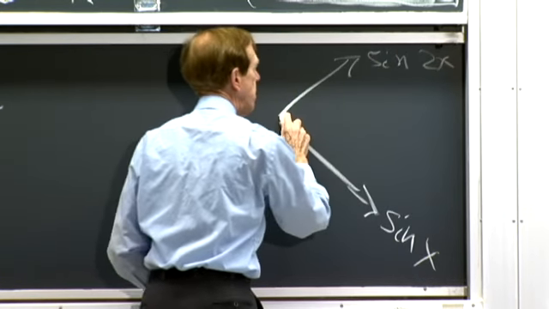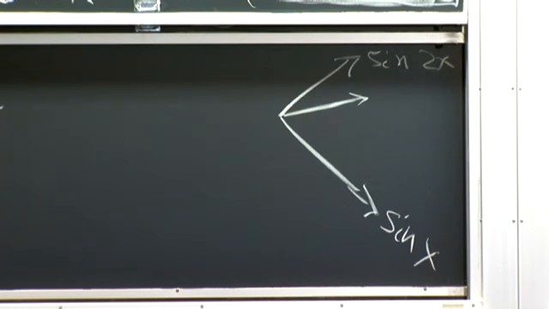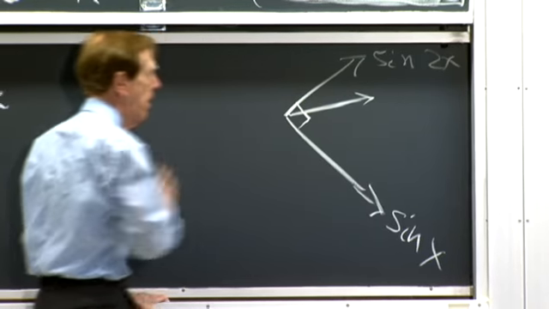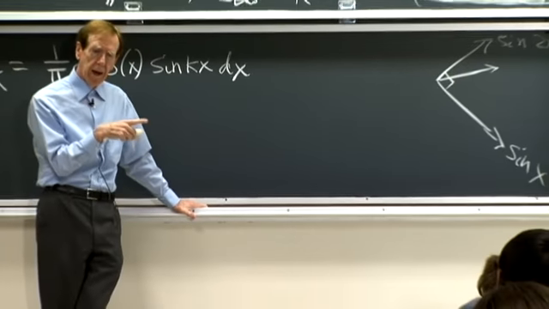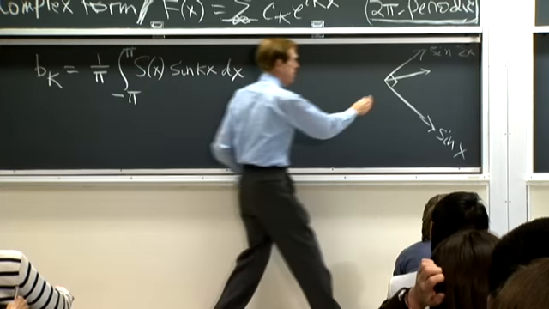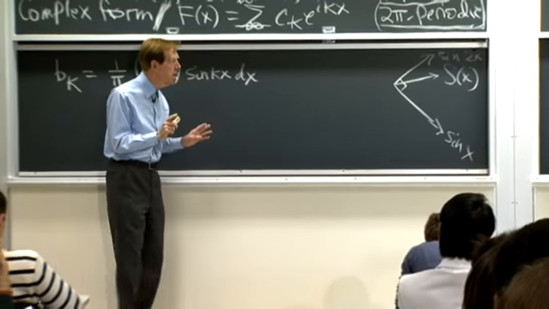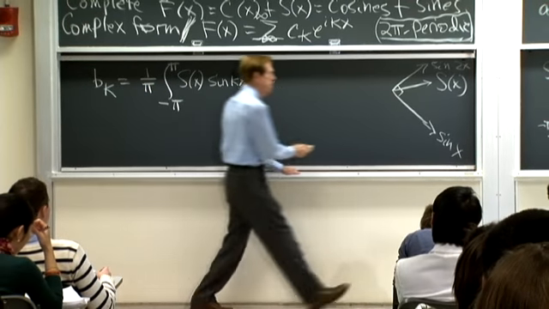And then I have a function, and I'm trying to find out how much of sine 2x it has in it, how much of sine x it has in it, and then, of course, there's also sine 3x and all the other sine kx's. The point of this 90-degree angle is that if I can split this function, whatever it might be, I can find its sine x piece directly by just projecting it.